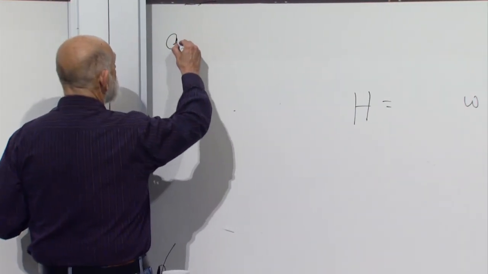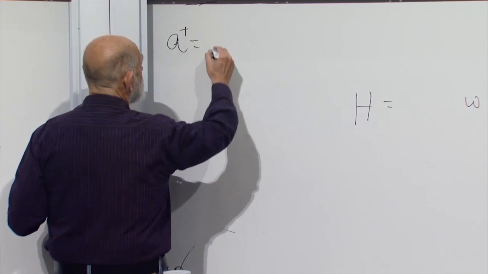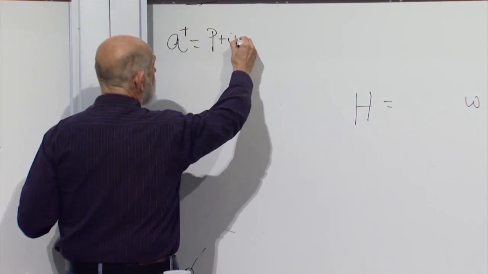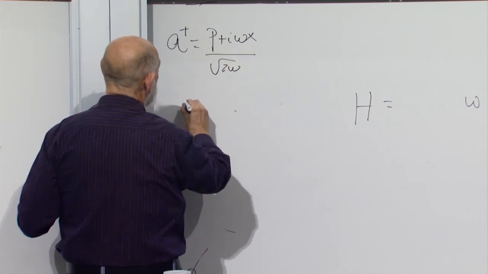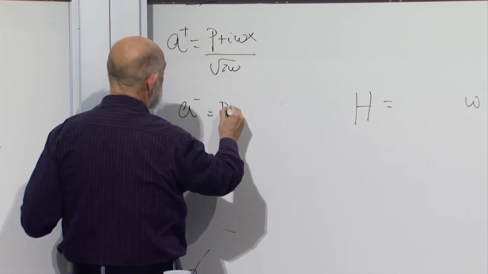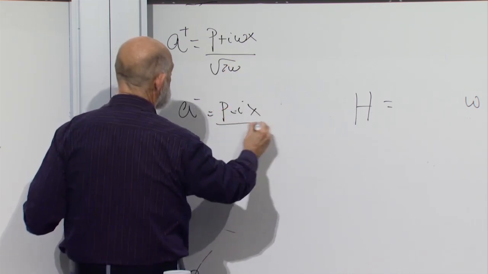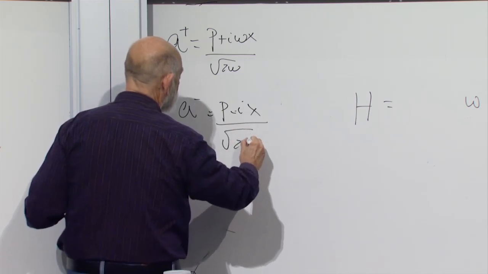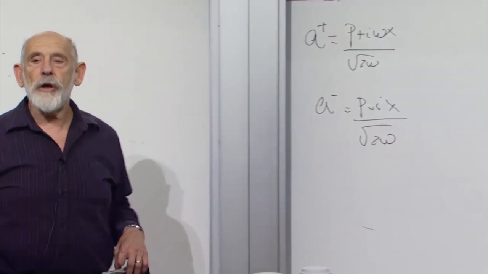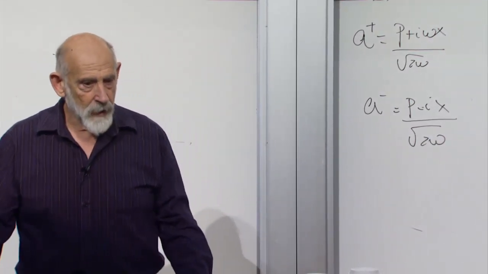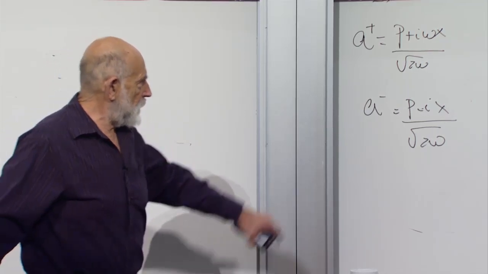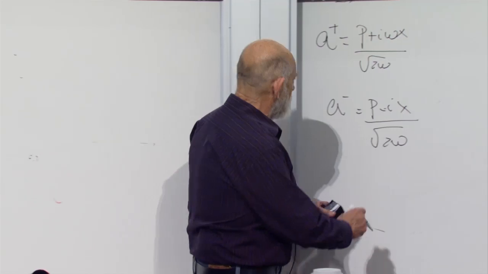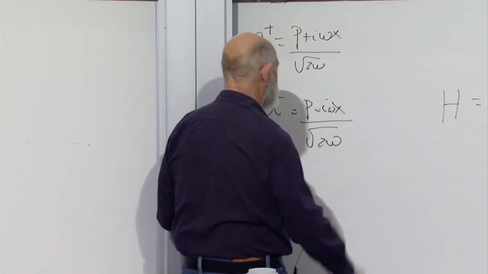A plus is equal to P plus i omega x over square root of 2 omega. And A minus is the same thing, but with a minus i omega x over square root of 2 omega. They are Hermitian conjugates of each other, because one has plus i omega x and the other minus i omega x.